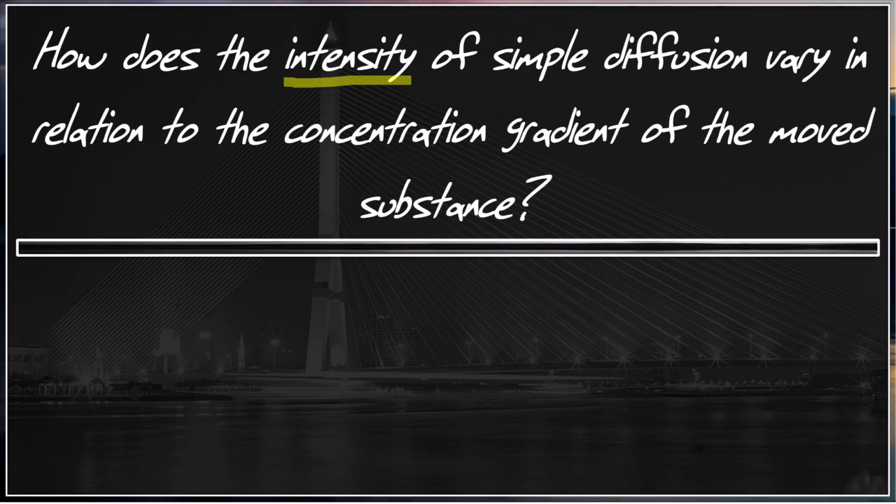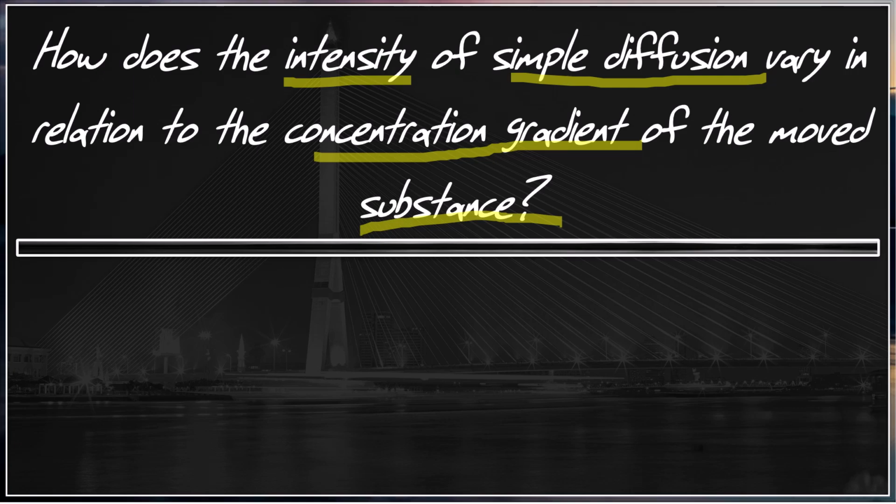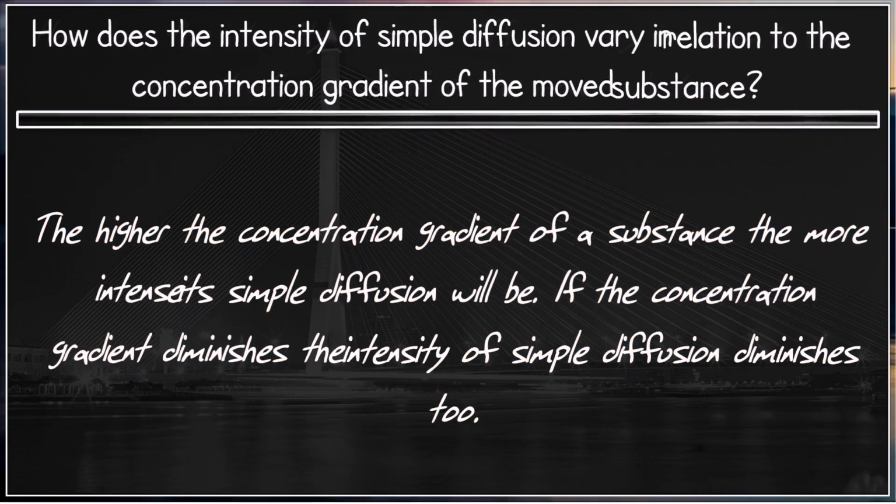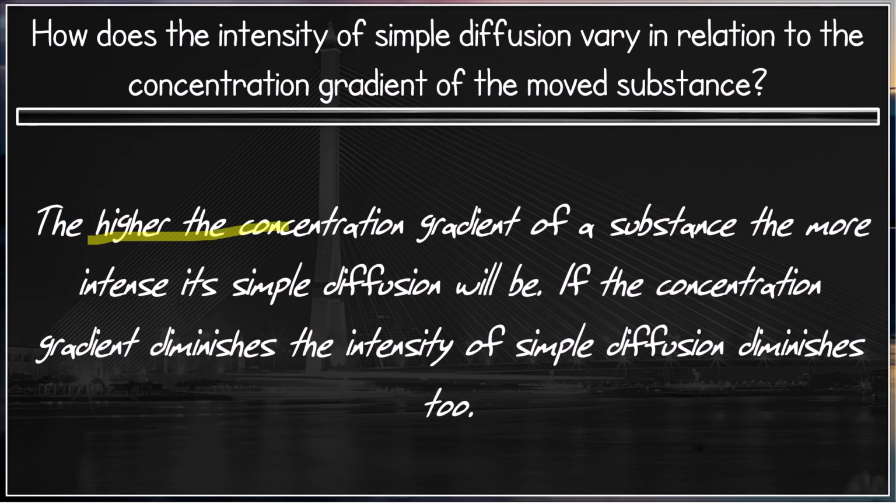How does the intensity of simple diffusion vary in relation to the concentration gradient of the moved substance? The higher the concentration gradient of the substance, the more intense its simple diffusion will be.